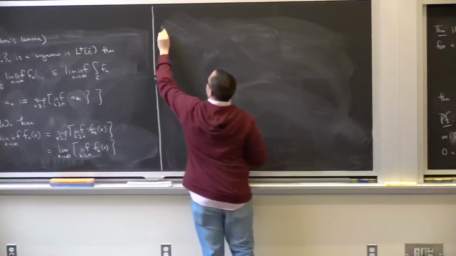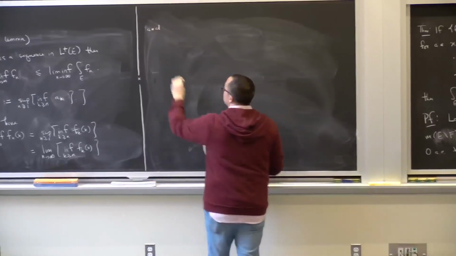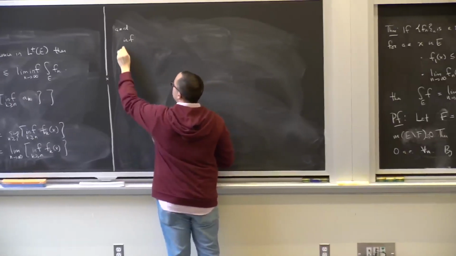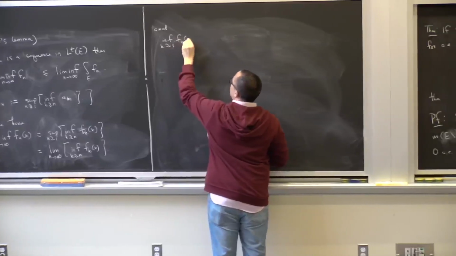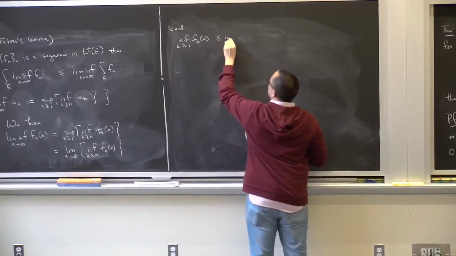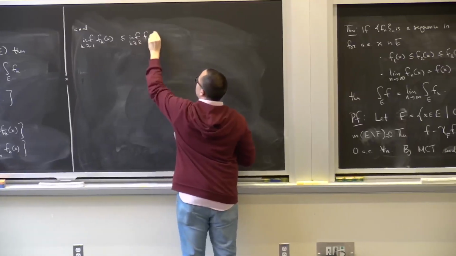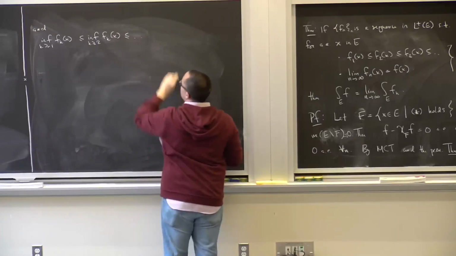Okay, and so, since f_k is bigger than or equal to 0, the inf over k bigger than or equal to 1 of f_k of x is less than or equal to the inf over k bigger than or equal to 2 of f_k of x, which is less than or equal to the same with 3, and so on.